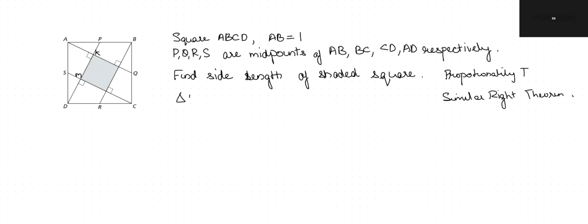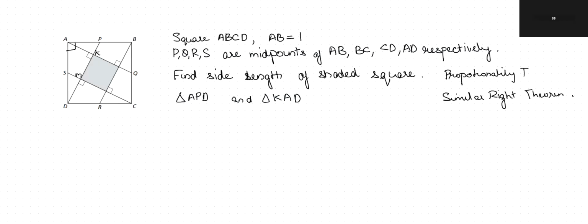triangle APD, this triangle APD, and triangle KAD. Okay. So let's first prove that they are similar. We know angle A is 90 degrees because it is a square.